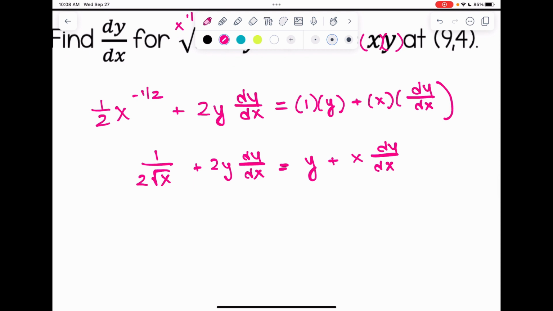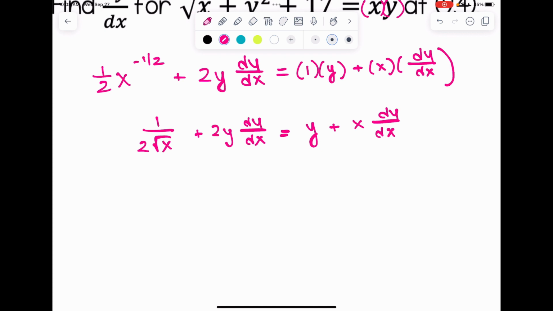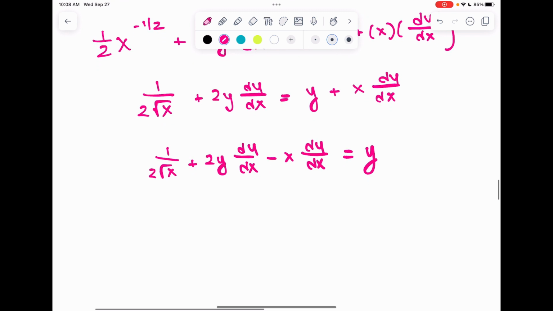All right, let's get the dy dx's on the same side of the equal sign. It doesn't matter which way you move it, but we want to get them on the same side. So I'm going to choose to move the x dy dx over to the left. And you'll see I have one more manipulation to do.